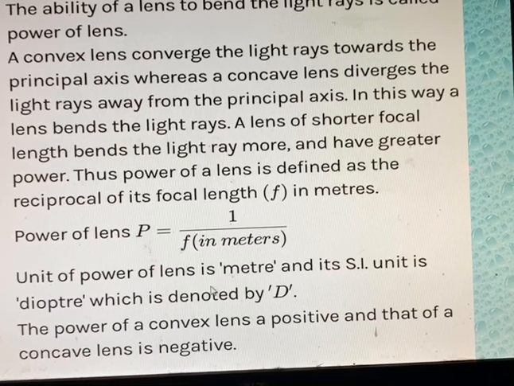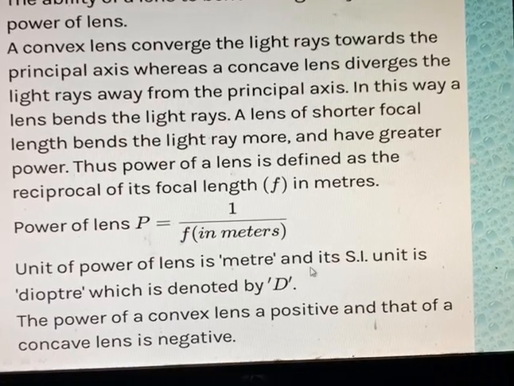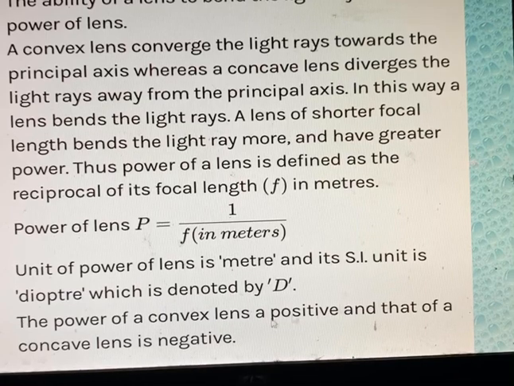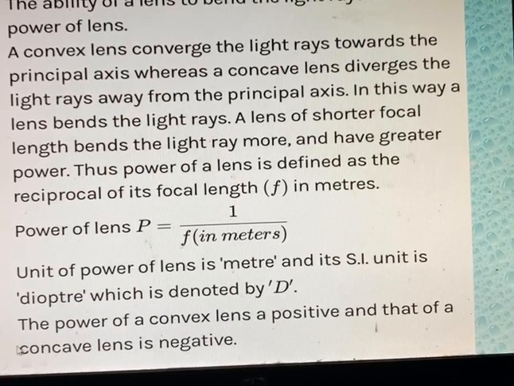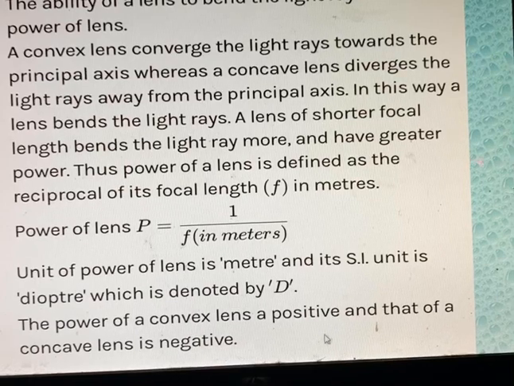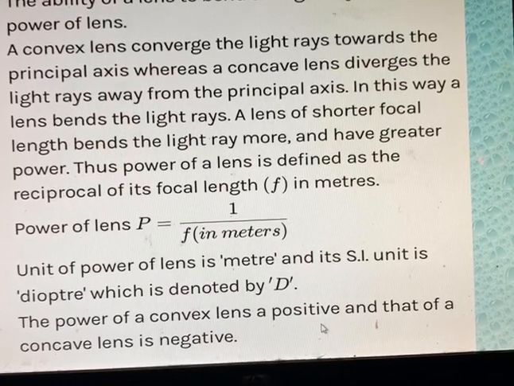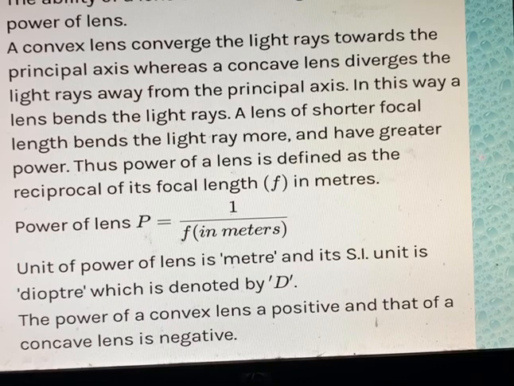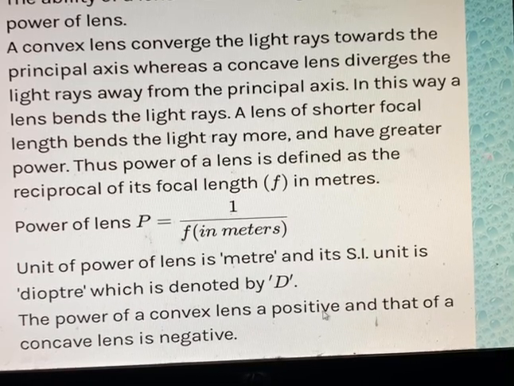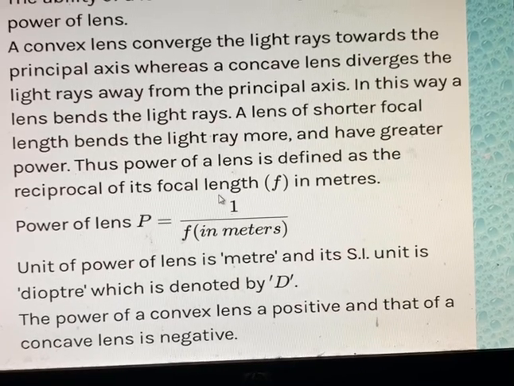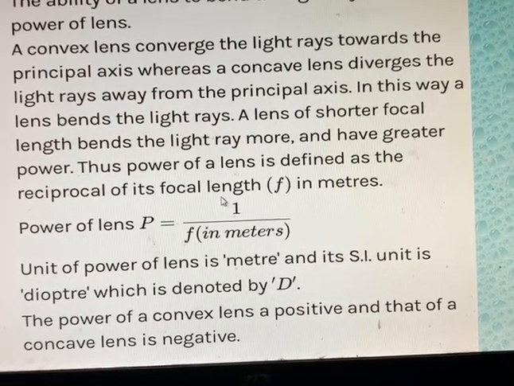The SI unit of power of lens is the diopter, denoted by D. The power of a convex lens is positive, and that of a concave lens is negative. So a convex lens is a positive lens, and a concave lens is known as a negative lens.